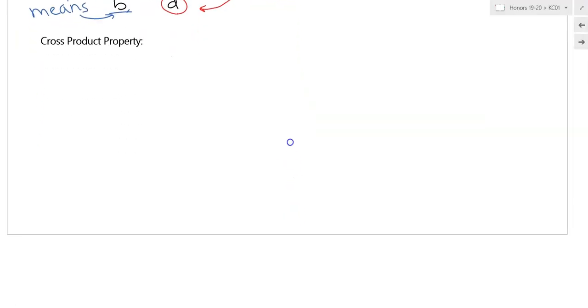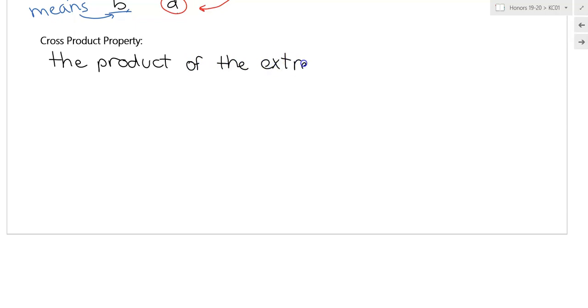Our last vocab we're going to look at right now is our cross product property. Our cross product property is the product of the extremes equals the product of the means.